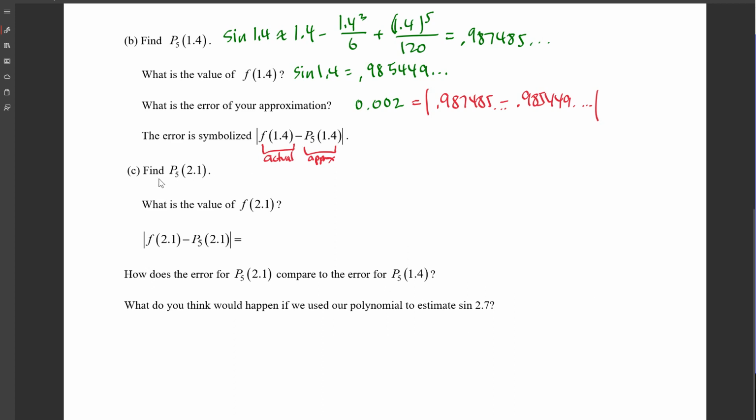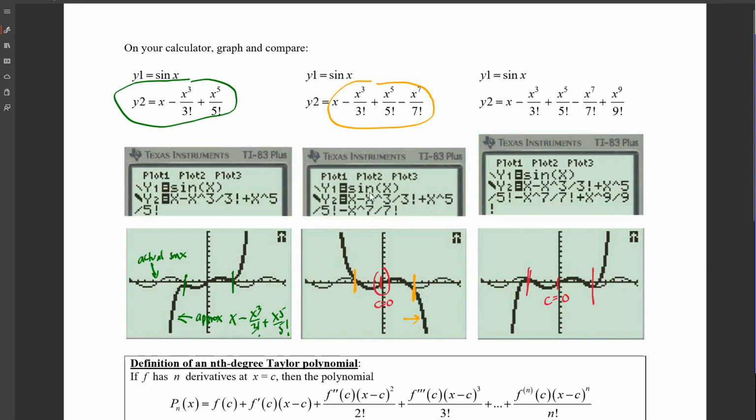All right, what if I wanted to find the approximation of sine at 2.1? Remember, this is 1.4 and this is 2.1. So I'm getting further away from the center. If I remember coming back here, where is 1.4 and where is 2.1? 1.4 is about half of pi, so 1.4 is about right here.